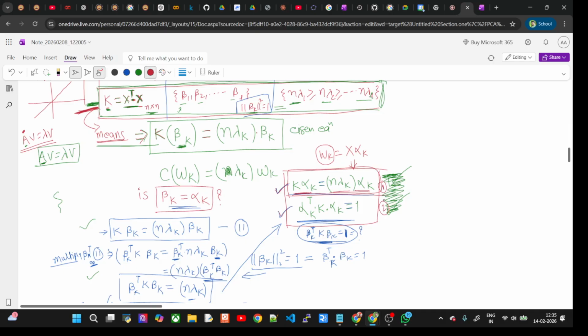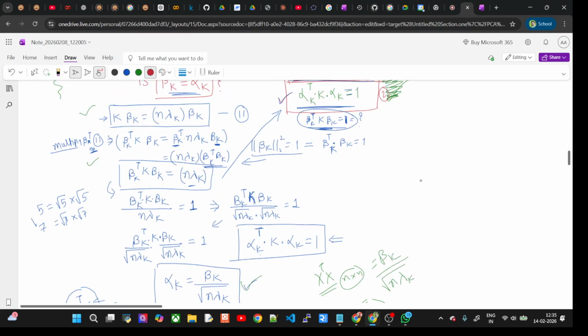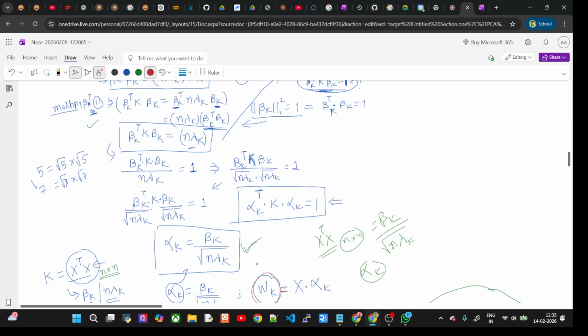But the problem is, the eigenvectors that x transpose x gave us are not the direct alpha k, they are the beta k. So beta k and alpha k should have some relation. We found that alpha k is nothing but the eigenvectors of x transpose x that you got, divided by the square root of their eigenvalues.